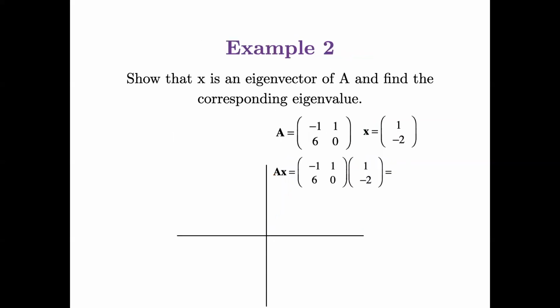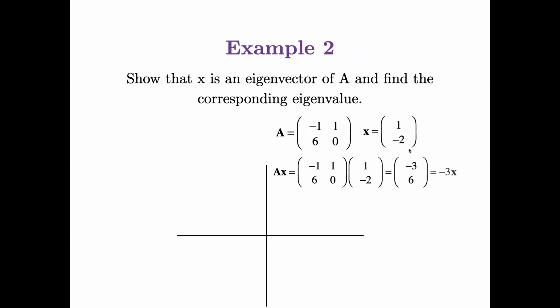So here's another example. Show that x is an eigenvector of A and find the corresponding eigenvalue. Well, what we need to do is simply multiply A times x, find the result, and determine what scalar multiple this result is of what we started with.